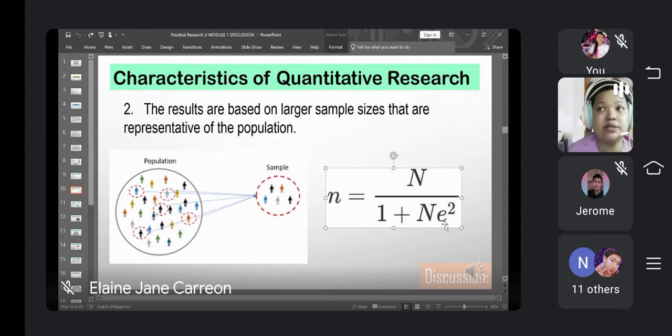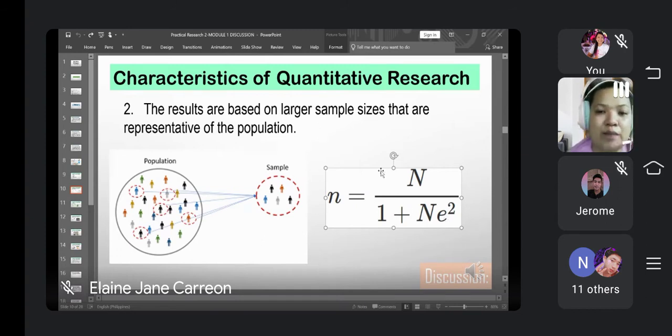So, 90% siya na confidence. Ilan ang margin of error? Anyone? 100 minus 90. 10%, di ba? Okay. So, ibig sabihin, pwedeng 0.1 ang maging margin of error dito.